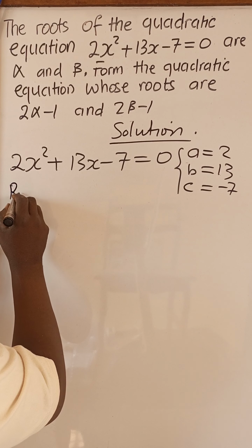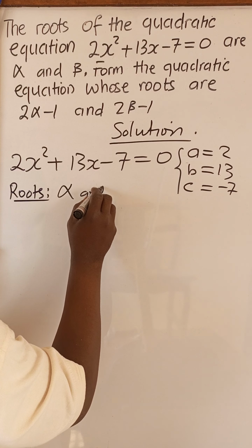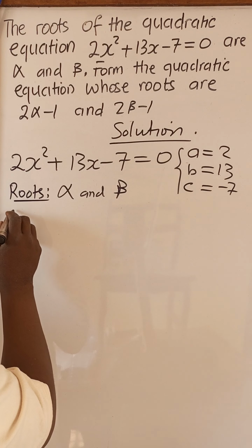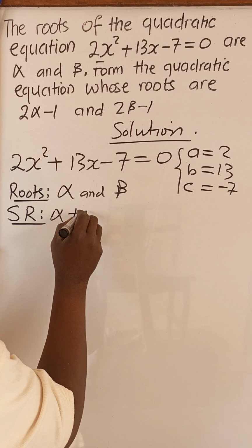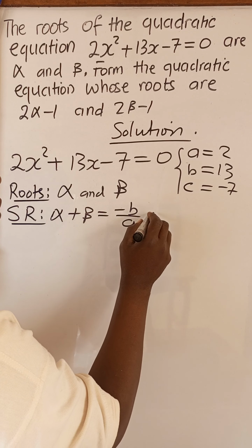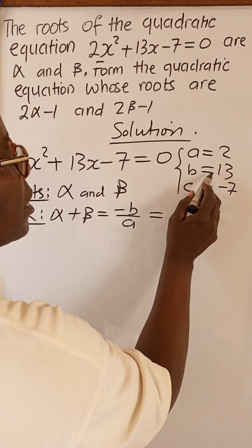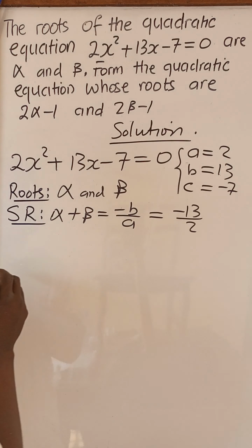We are told that the roots are alpha and beta. We know sum of roots, alpha plus beta, is given as negative b all over a. So negative 13 all over 2. That's the sum of roots.